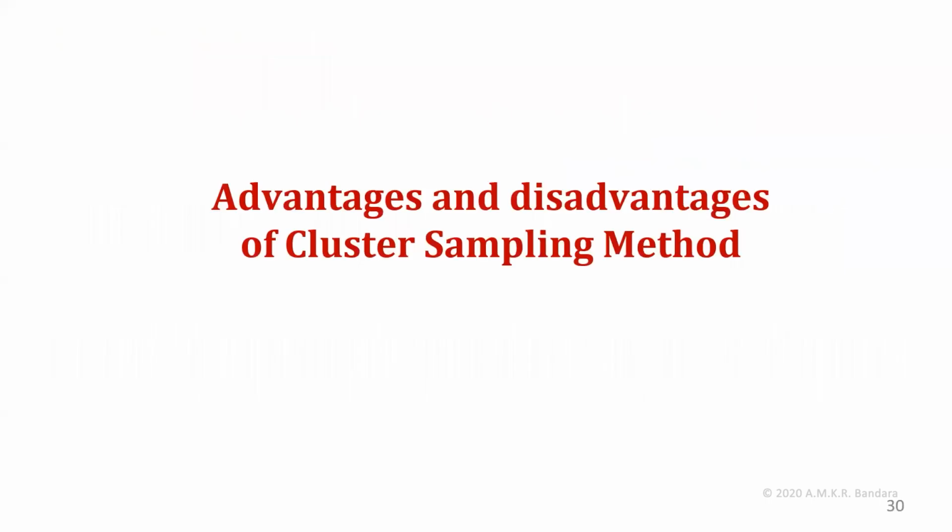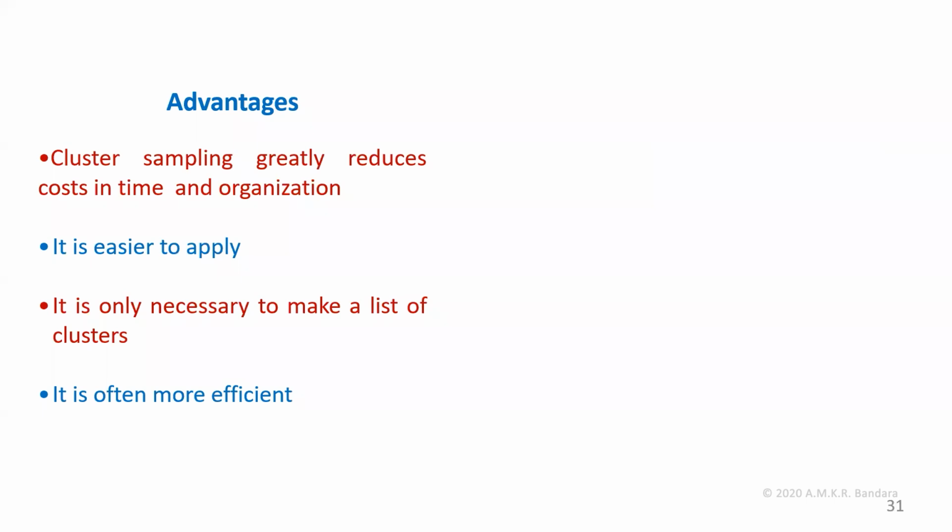So the advantage and disadvantage of this cluster sampling method. Advantage: cluster sampling greatly reduces cost in time and organization, because once you have selected a cluster, assume farmer organization 5, you can travel to that village, and you have to travel only within that village.